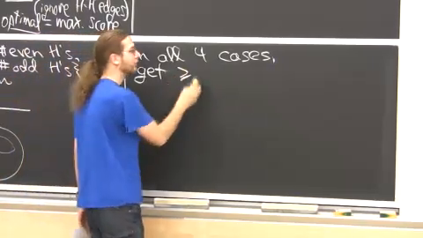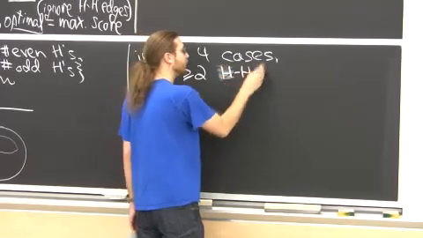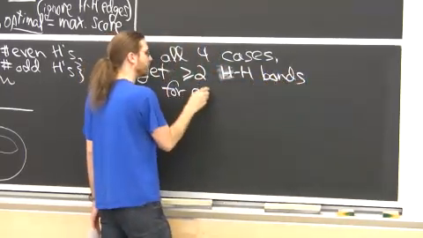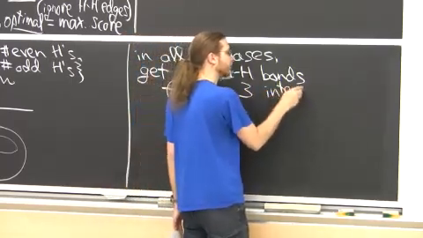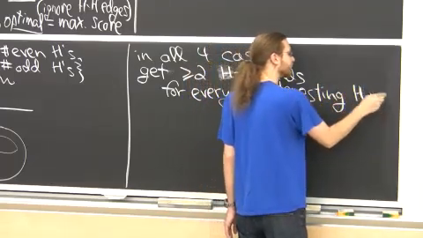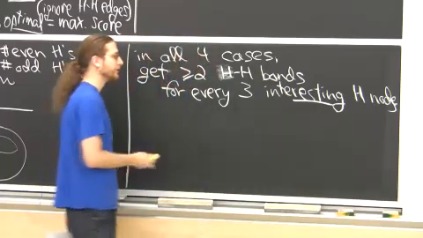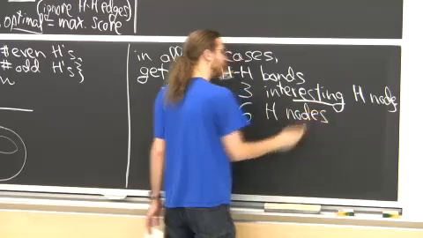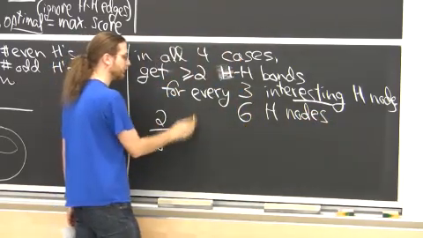So I get at least 2 bonds, calling them HH bonds, for every 3 interesting H nodes. By interesting, I just mean even on the left, odd on the right, which is really for every 6 H nodes. And so we get a factor of 2 over 6, also known as 1/3.